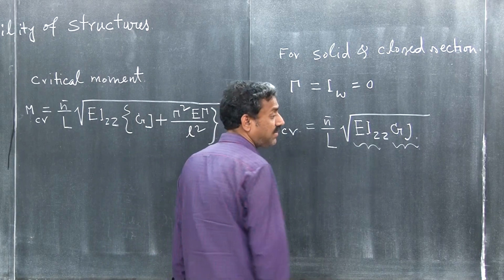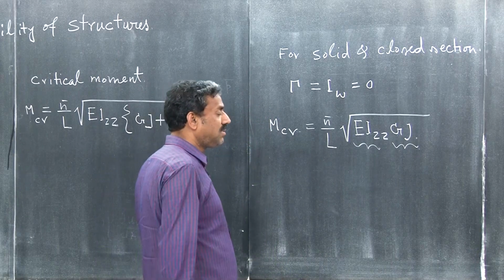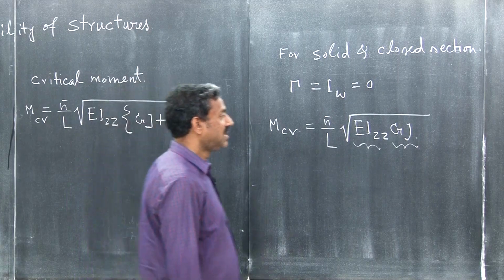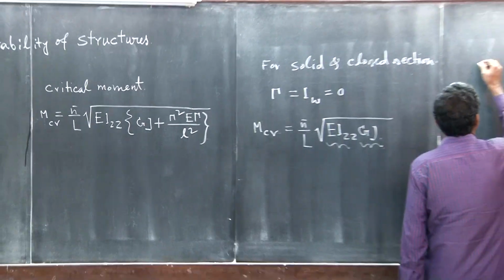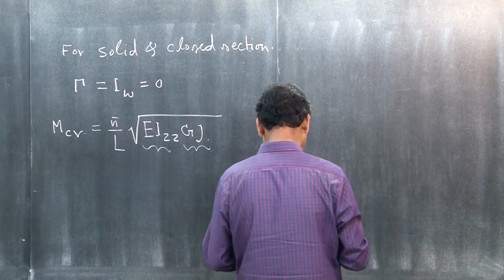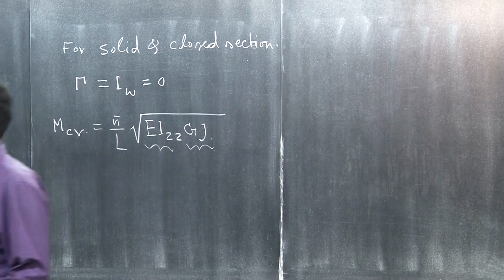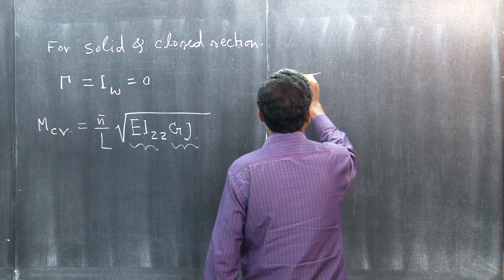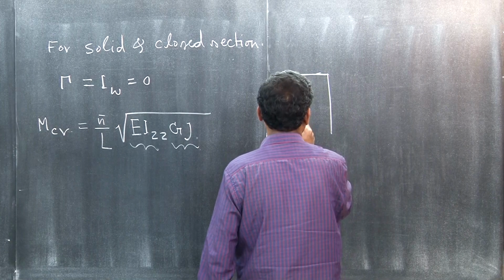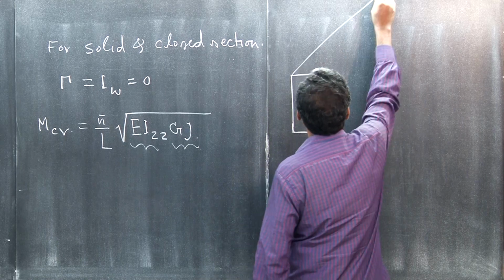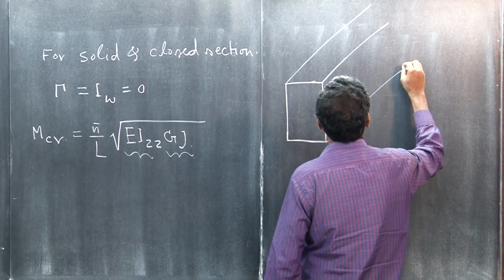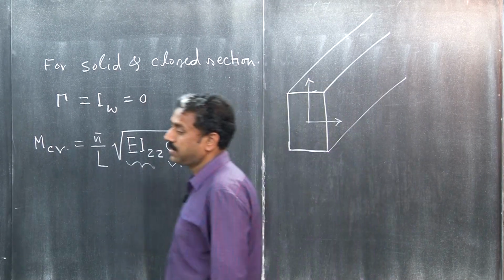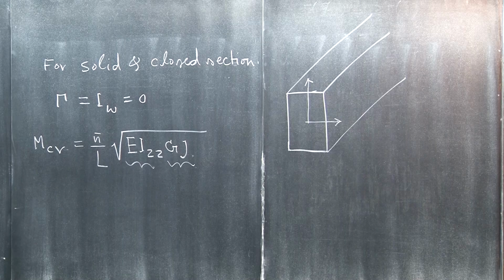For a rectangular section, this can actually be derived in a much simpler way, and I can show you a little bit. For example, consider a slender rectangular section, and define your coordinate system the way we have defined x, y, z.